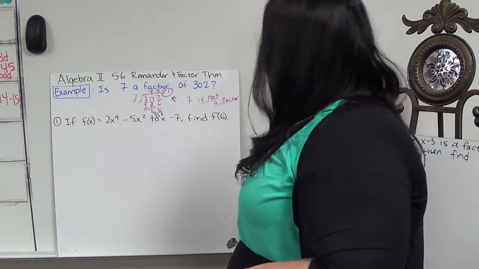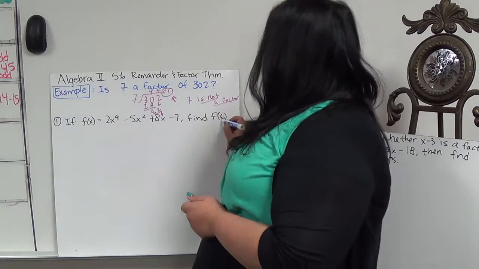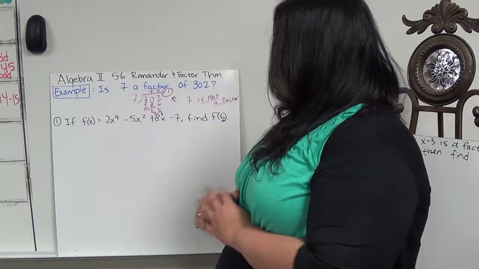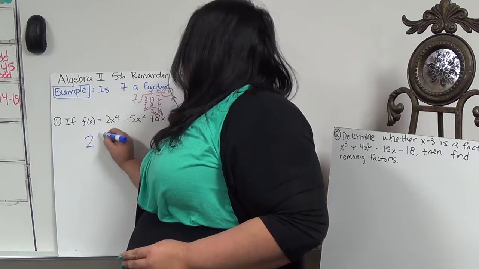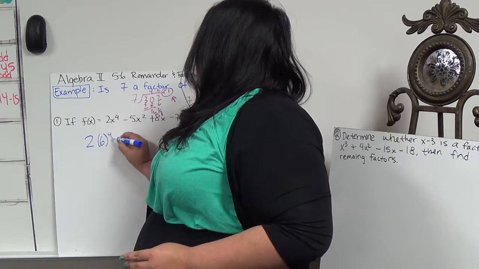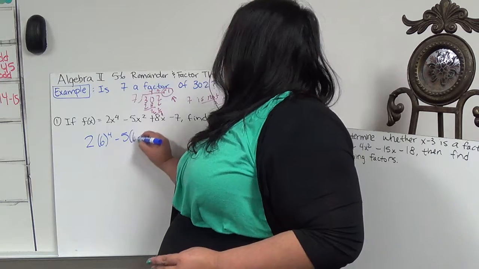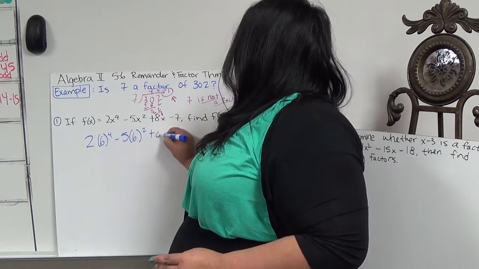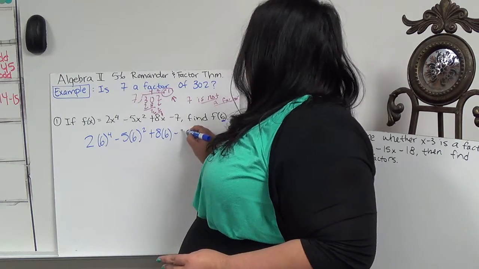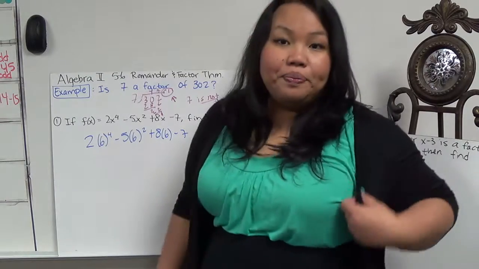So just like you learned in the last section, I'm going to take 6, and I'm going to replace it with all x's. So it's going to be 2 times 6 to the 4th, okay?